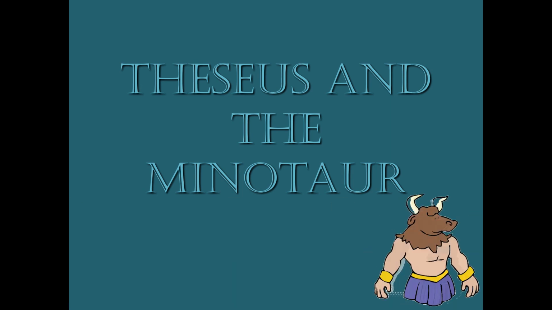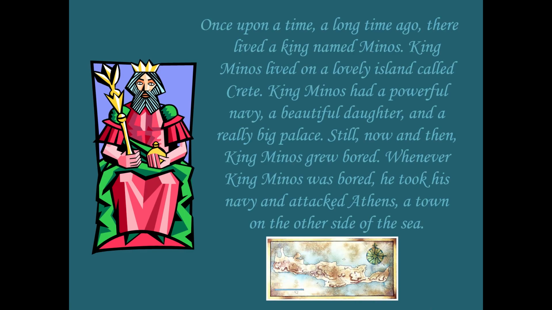Therefore, here we would like to introduce to you a myth concerning the Minoan civilization, which is Theseus and the Minotaur. Certainly, the story has different versions, and this is just one of the versions which I found on the internet.